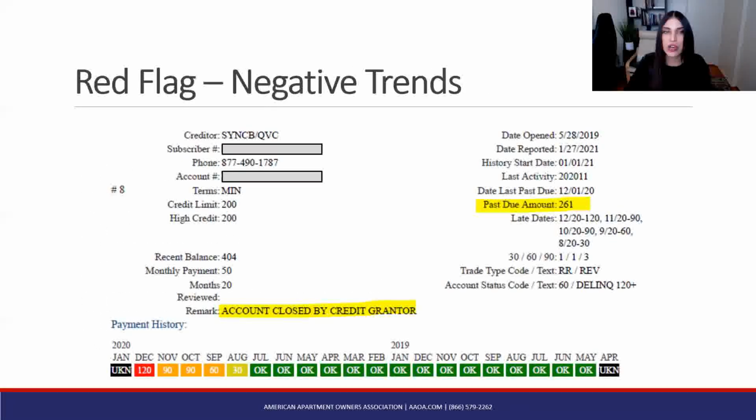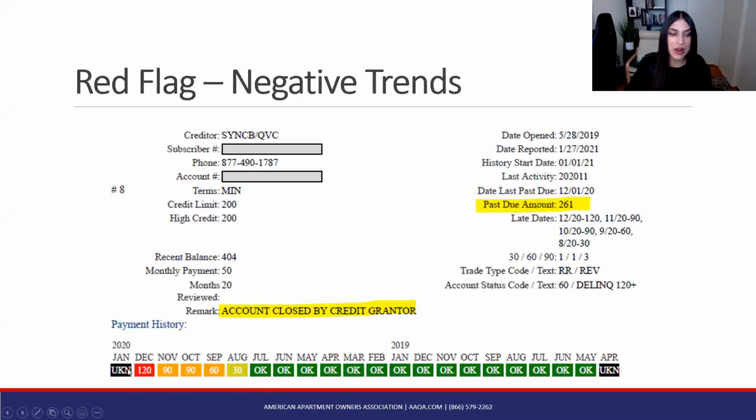All right, so here's another red flag that a lot of landlords miss, and that is negative trends. When I say trends, I mean recent. Of course, if somebody has missed some payments in the past, and then you see that they recovered, that is much different than someone who very recently has stopped paying. Now, this screenshot is from last year, but let's say this was 2021.